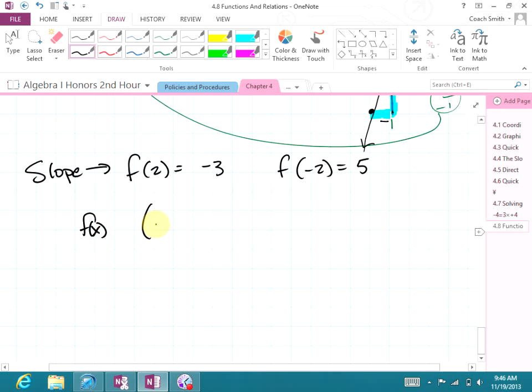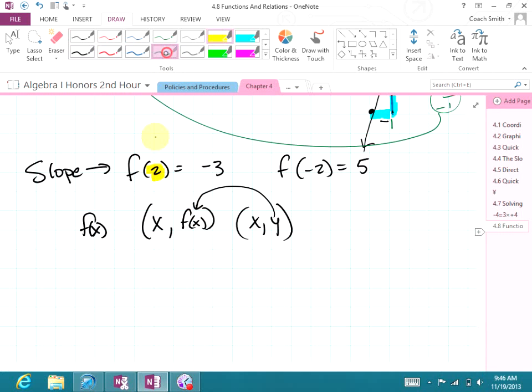If I look at an ordered pair, it's x and f of x instead of y. Instead of x and y, the y is represented by the f of x. So having said that, this is my y, this is my y2.